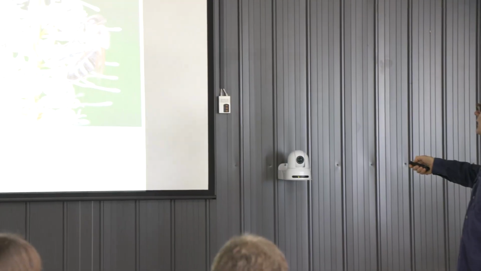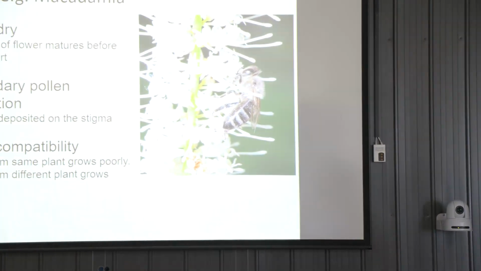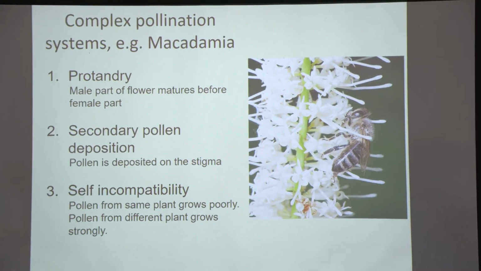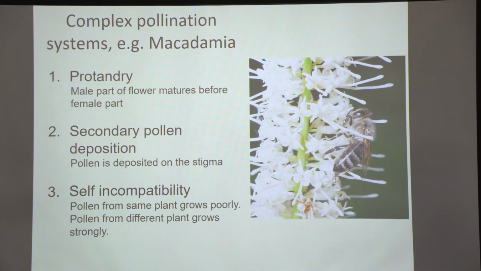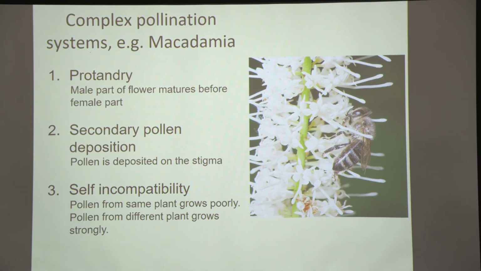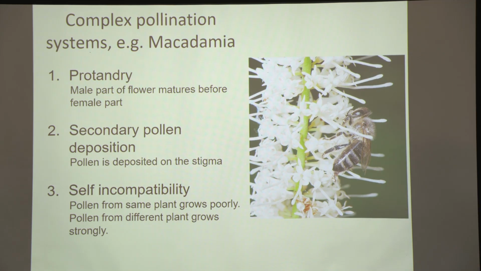That's how they've separated the male and female at the same time. So we've got this protandry, we've got the secondary pollen deposition. Now, if that pollen hangs around for a while, the female part will become mature after a few days, and they can grow. But that's when we have this mechanism that we talked about before in the style here, where if that pollen grain starts to grow, the tissues in the style arrest its growth and say, no, you're not going any further, and stop it.